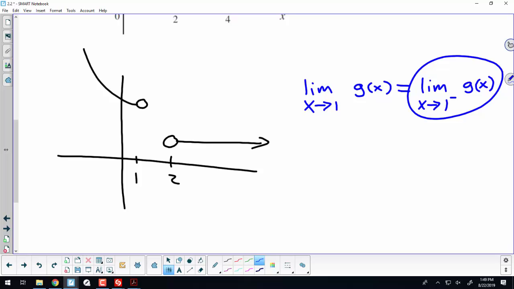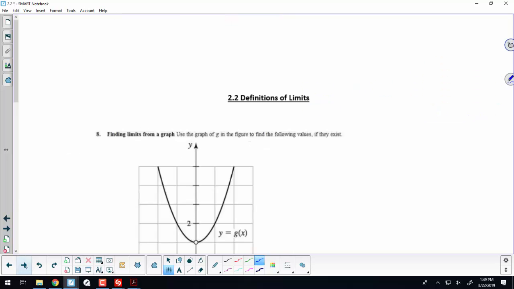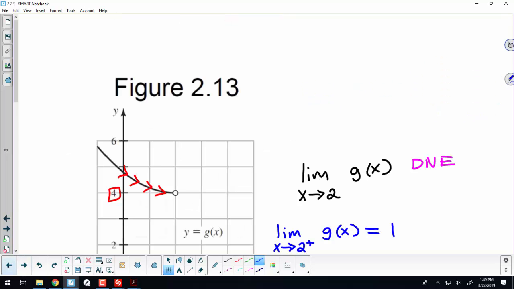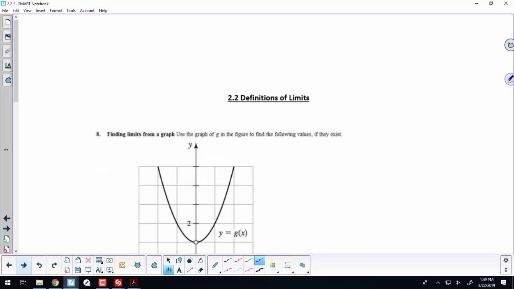So when in doubt, follow the path. If you're computing limits graphically, just follow the path. Once you get used to that, we're going to look at another example. These were just extra practice problems I had.